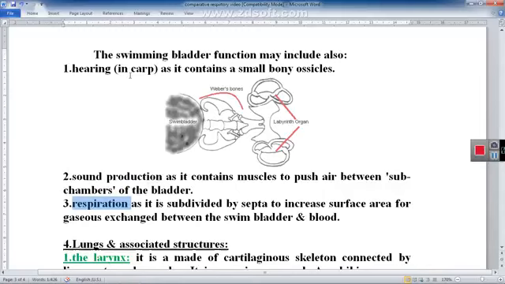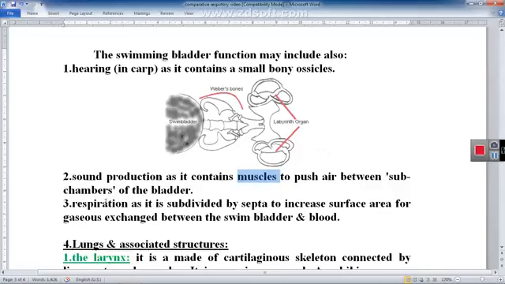When the swim bladder is serving for hearing, as in carp fish, it contains a bone that is connected with the hearing sensors of the inner ear or the labyrinth. And when it serves for sound, the swim bladder contains muscles in its wall that push the air in sub-chambers and thus produce sound.